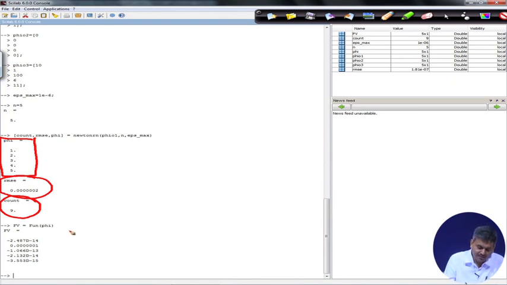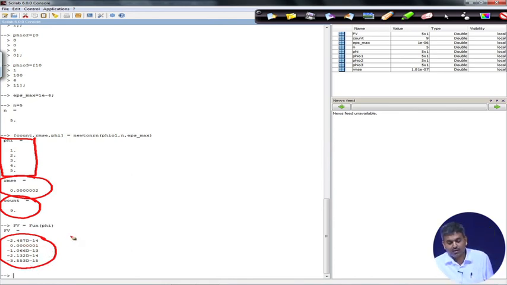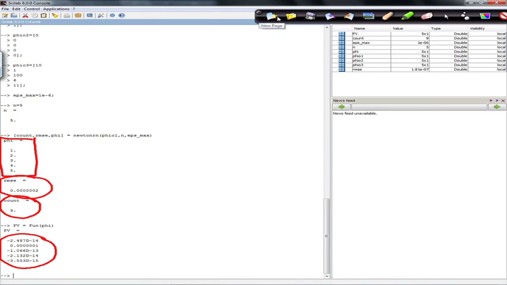Finally, the function values are of the order of 10 to the power minus 13, minus 14, minus 15, which is very near to 0. So, we can say that our solution is almost correct in this case.